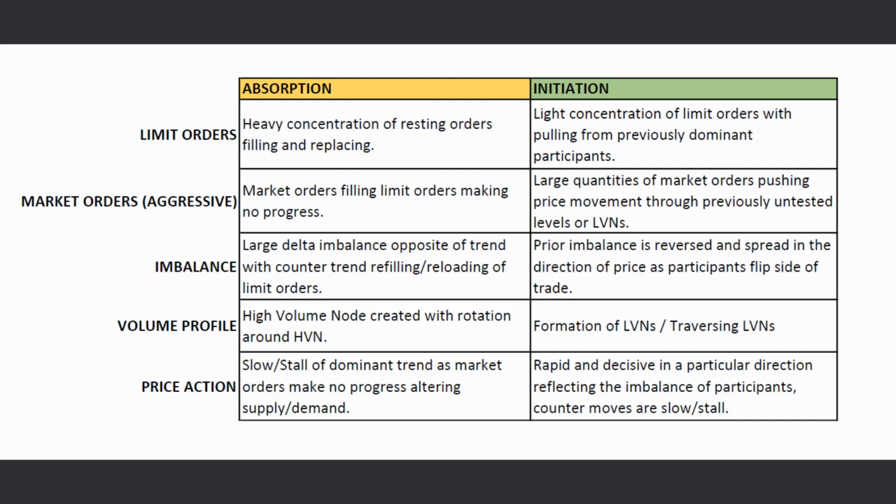So absorption can cause that imbalance as aggressive orders overpower or continually fill those limit orders. And so this is at least going to lead to a temporary pause. In that temporary pause, you are seeing absorption, especially on the book, such as the limit orders, you're seeing replacement and refreshing of those limit orders.